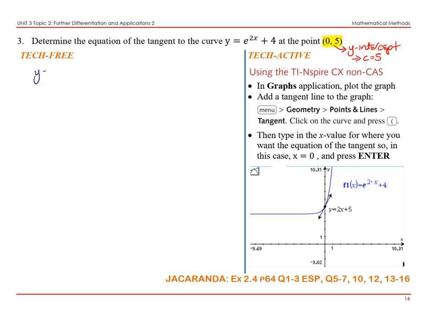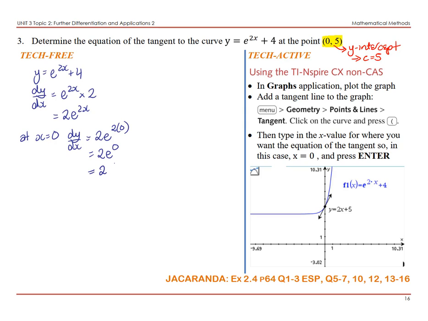So I have y equals e^(2x) plus 4. dy/dx equals e^(2x) multiplied by 2, so 2e^(2x). At x equals 0, dy/dx equals 2e^(2 times 0), so 2e^0, e^0 is 1, so that's 2. So that means my m equals 2.